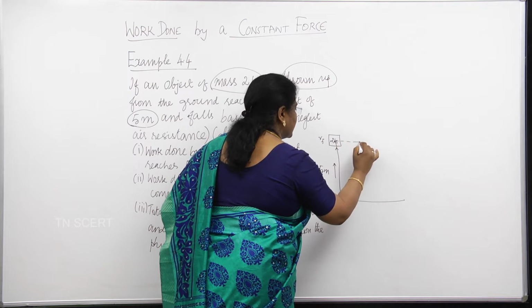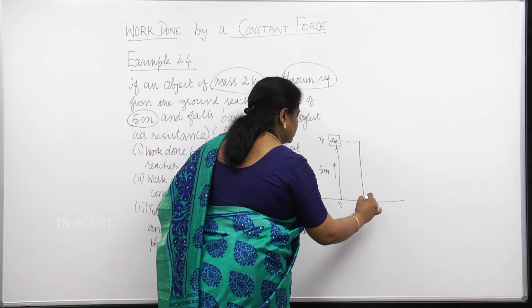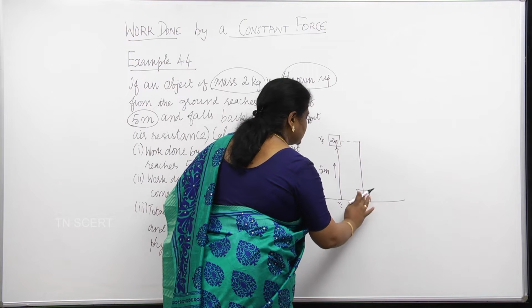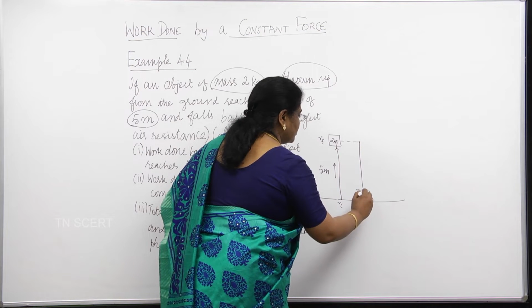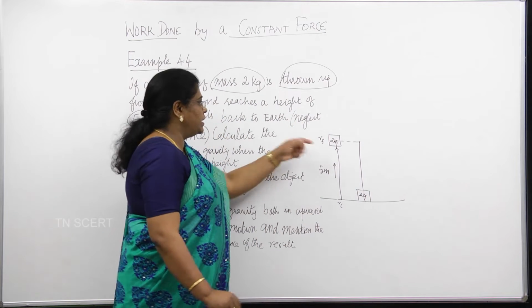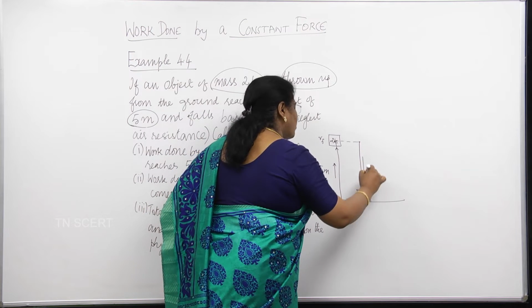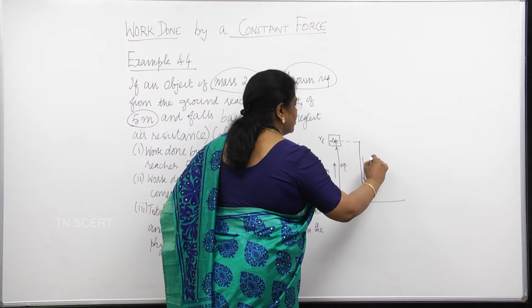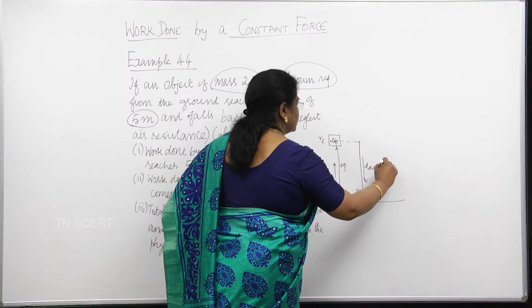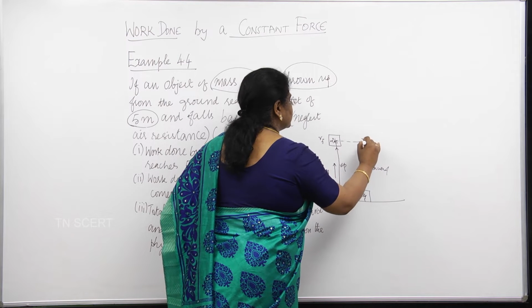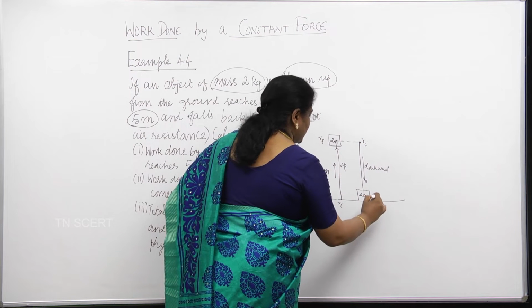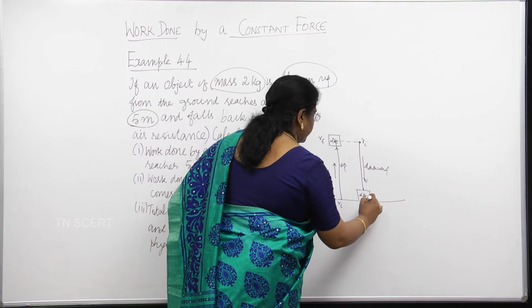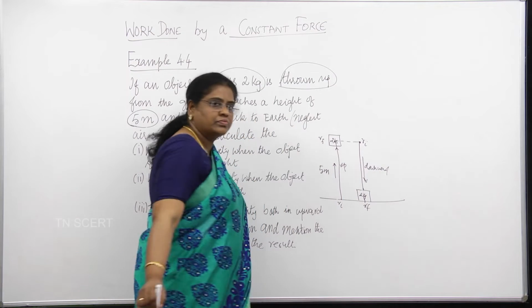After reaching this height of 5 meters, the same object falls down. Now, the object reaches the ground, and in this case it falls downward. So, this is upward and this is downward, and this becomes the initial position and this is the final position.